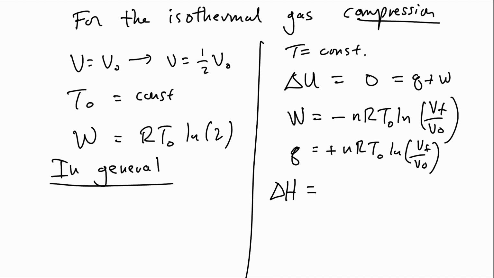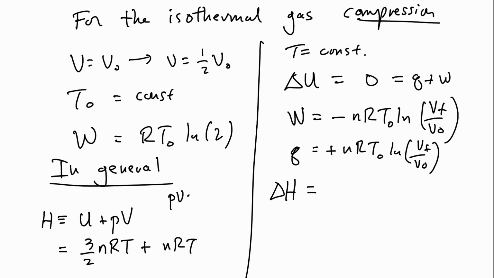And we can get delta H, and this is actually a problem. So let me just remind you, you're doing this problem now, so here's a spoiler. H is U plus PV, that was a definition, but that's equal to 3/2 nRT plus nRT for the ideal gas, because PV equals nRT.